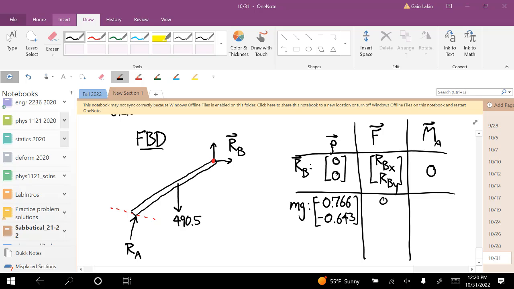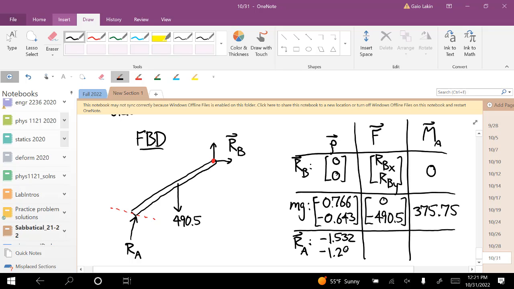The force vector is 0, negative 490.5, and the cross product is positive 375.75. And then last is that force RA. The row vector for that is negative 1.532, negative 1.286.